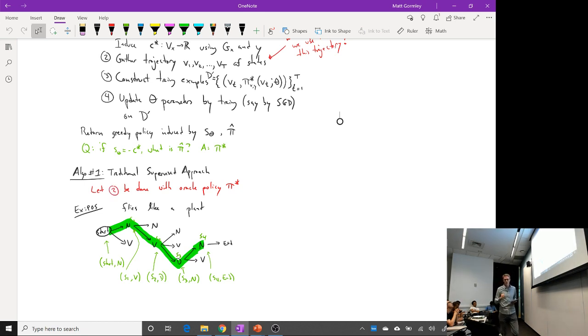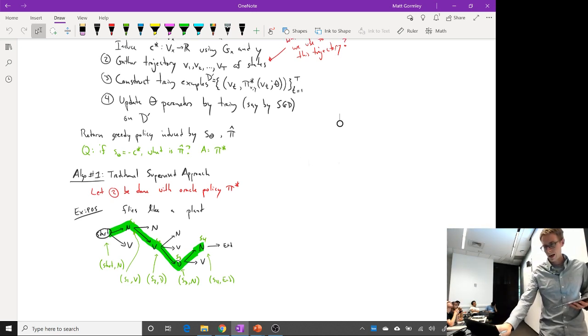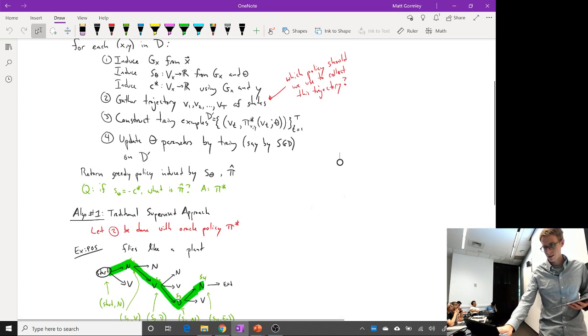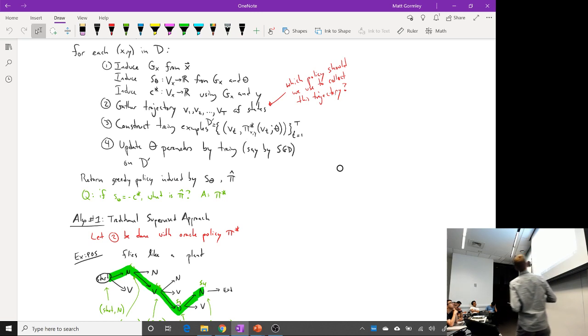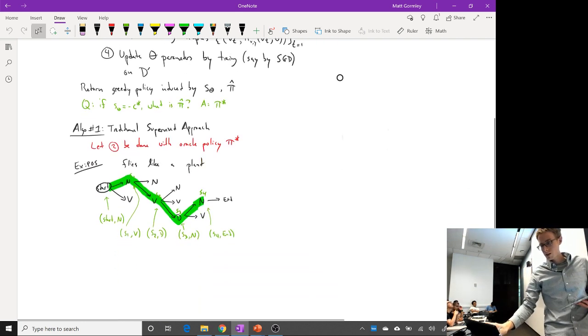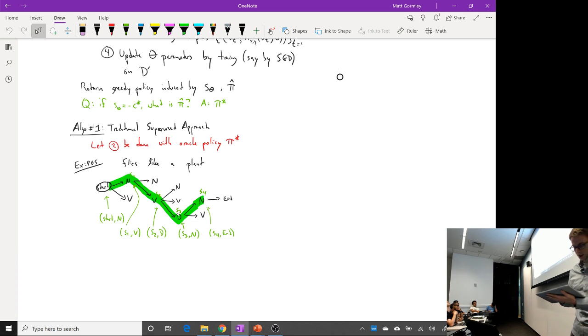So here we're trying to decide how to actually collect the trajectory. And so we're just saying that the way that we're actually going to gather the trajectory is by using the oracle policy. Okay, so once we do this, we can now train that scoring function so that it does a good job of predicting a high score for the corresponding action, right?